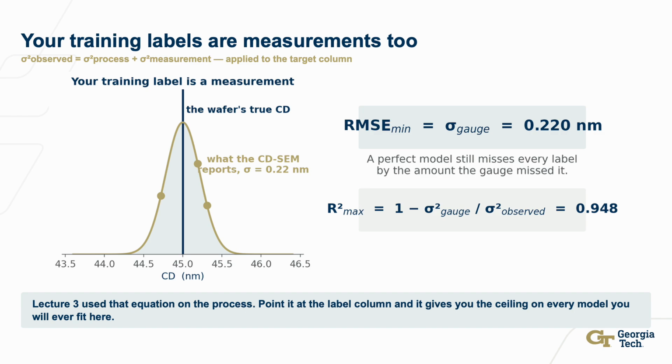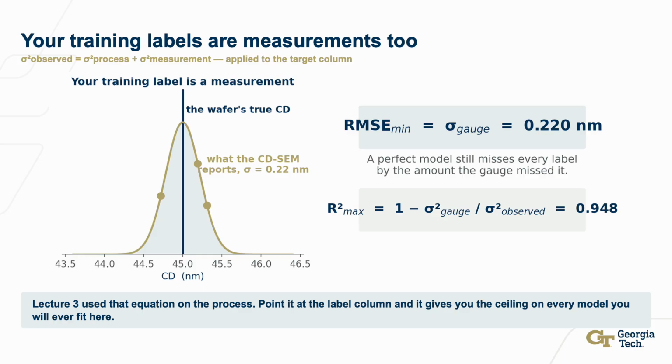So when your training set says this wafer is 45.31 nanometers, that number is a true CD plus a random error of 0.22 nanometers, which is lecture 3's equation pointed somewhere new. The observed variance equals the process variation plus the measurement variation.